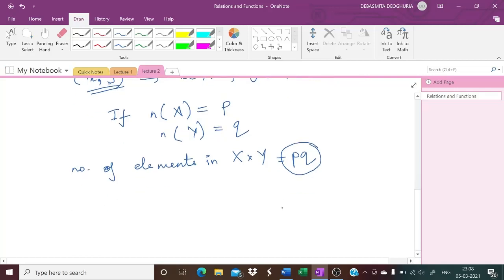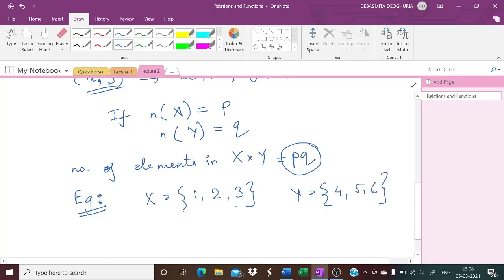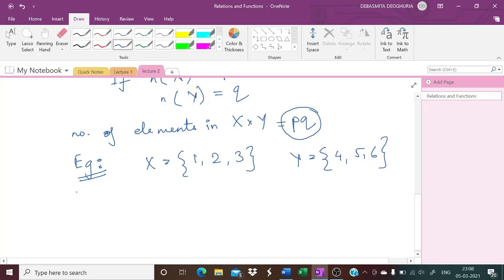Okay, now let's take an example and understand this. It will be clear. Look, suppose your X is 1, 2, 3 and your Y set is 4, 5 and 6. Okay. Now, if I write the Cartesian product of these two sets, it will contain ordered pairs such that x will come from this set and y will come from this set, and it will have all possible combinations.